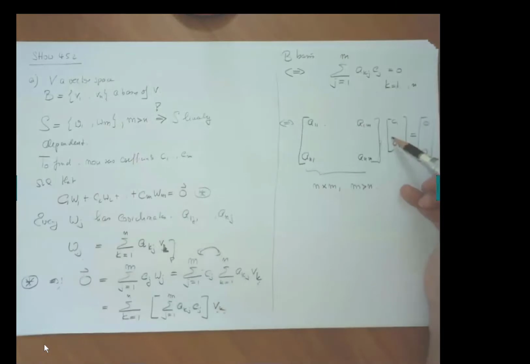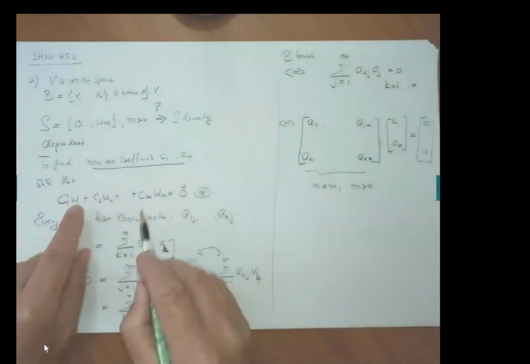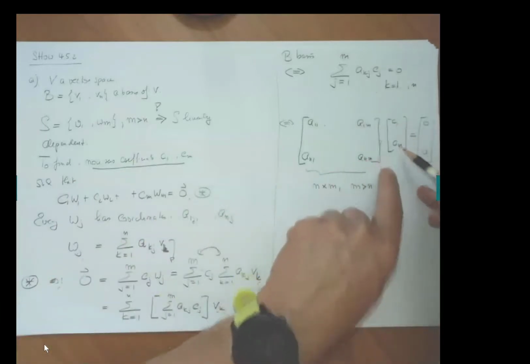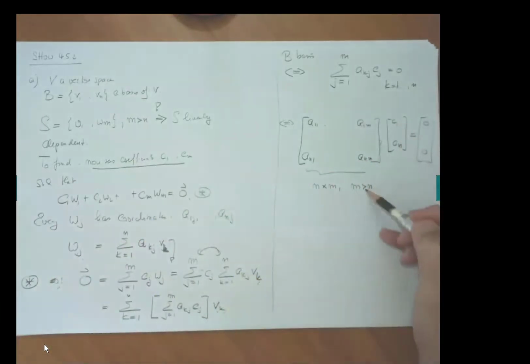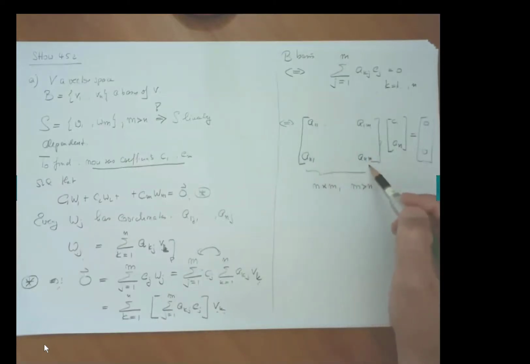Now the question is, can we find non-zero coefficients that solve the system? So can you find a non-trivial solution to this? And now we see, oh, that's something we actually learned in chapter 1.2. If you have a rectangular matrix with more columns than rows equal to 0, you always find solutions that are not all zeros, the non-trivial solutions.